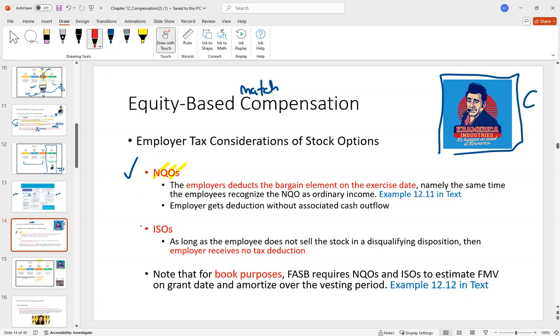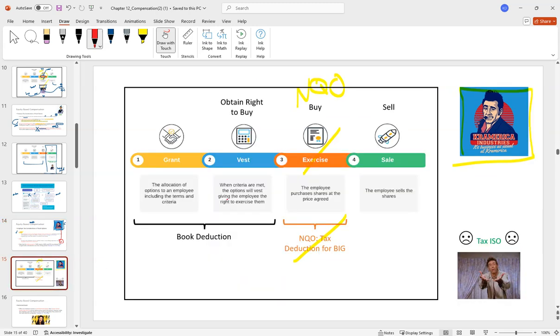For ISOs, it's a little bit of a different story. As a general rule, Cramerica, sorry to tell you this, frowny face, you do not get a tax deduction for this. So for an incentive stock option, yes, Jerry, you claim the income when you sell it, but we're going to depart from that match.